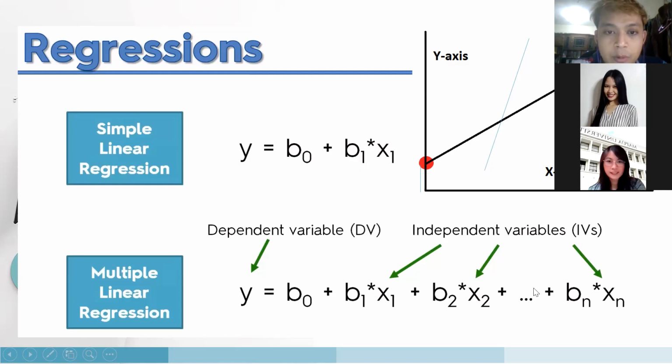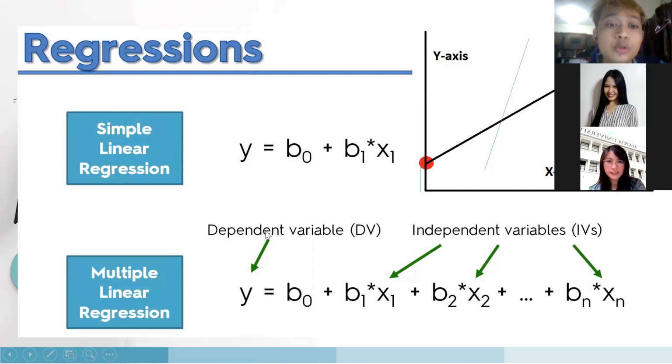Based on this one, the multiple linear regression has two disadvantages. The first disadvantage is that we can only predict one Y at one time.